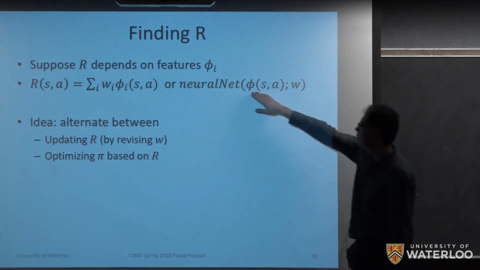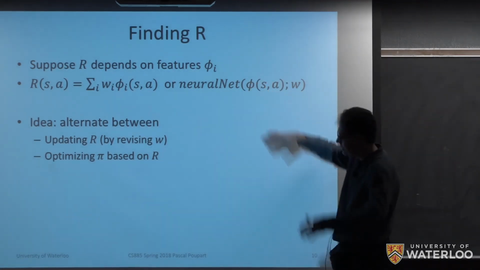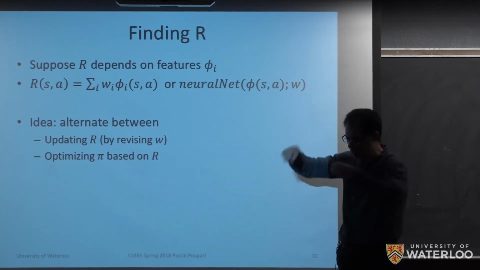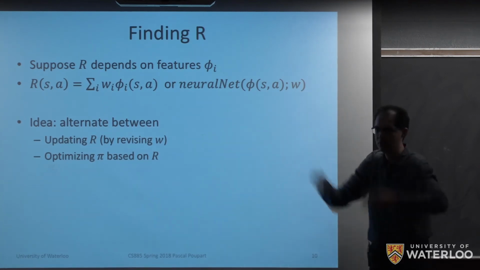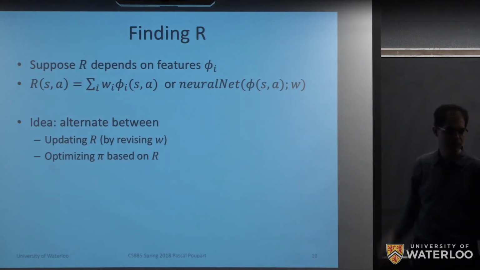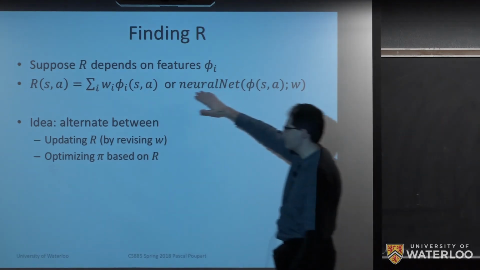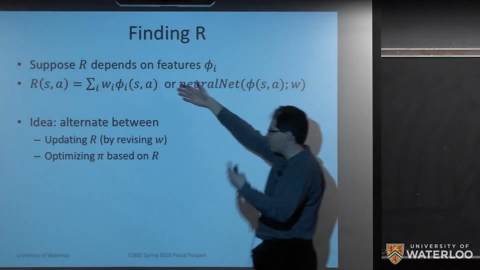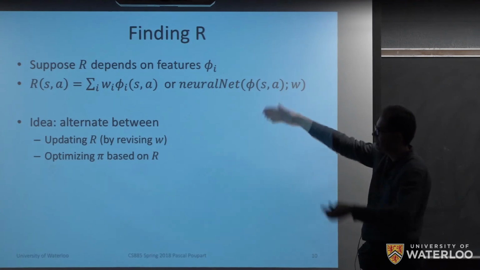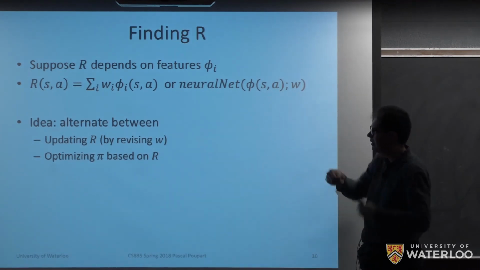Here it would be a neural network that takes as input the features, and then it has some weights that would combine them according to some computational graph, and that produces as an output the reward. So let's assume that the underlying reward function can be represented by something in that class of models.